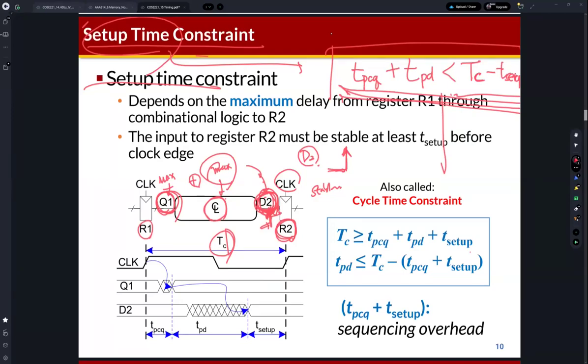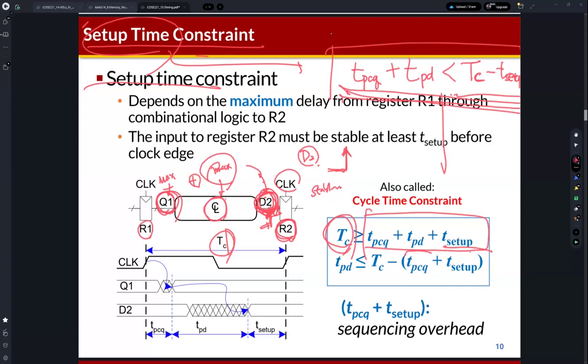It means that the clock period needs to be bigger than T_pcq plus T_pd plus T_setup. I said that the clock period needs to be bigger than this value, right?